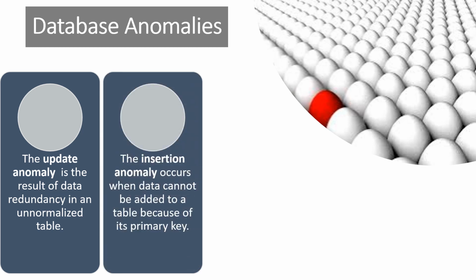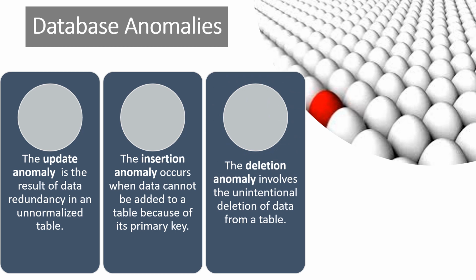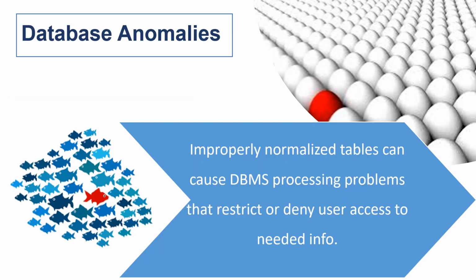The second is the insertion anomaly, which occurs when data cannot be added to a table because of its primary key. The deletion anomaly involves the unintentional deletion of data from tables. All of this causes data anomalies. The existence of database anomalies creates improperly normalized tables, which can cause DBMS, or database management system, processing problems that restrict or deny users access to needed information.